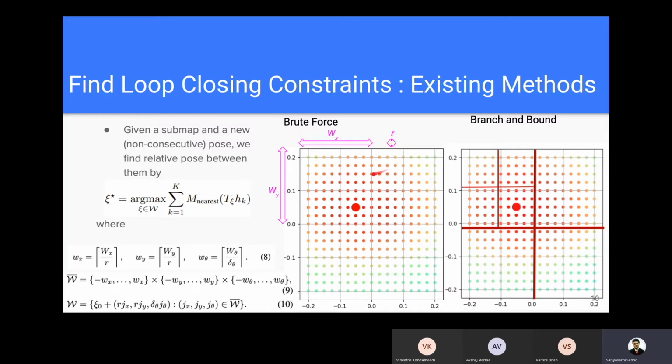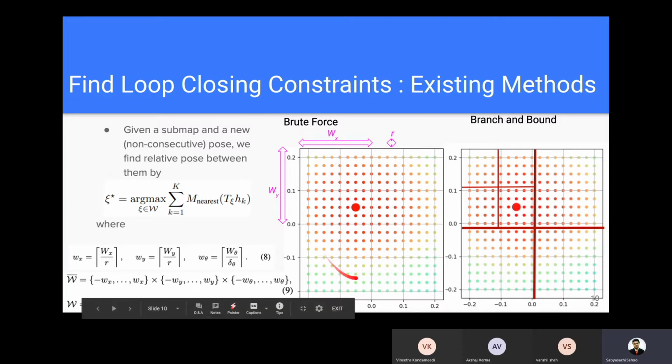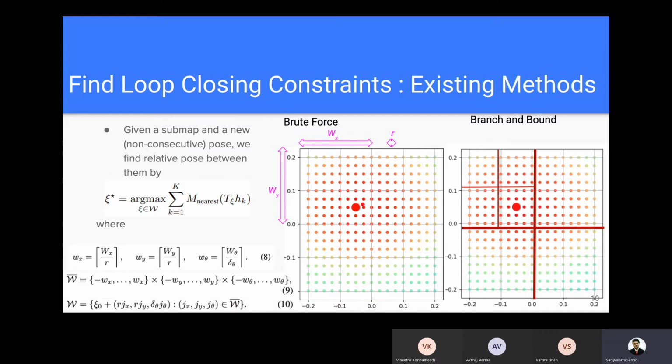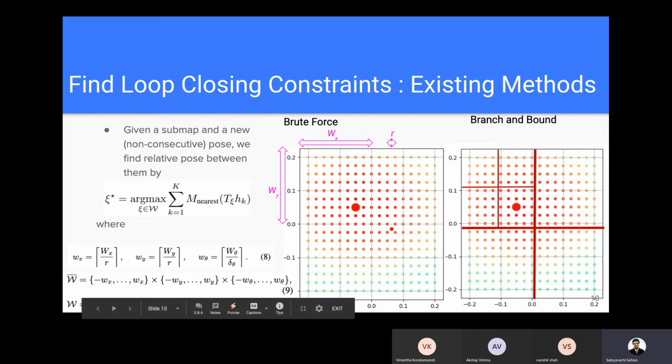If you have higher values of R, the points are more spaced out, which means you end up evaluating fewer points, but you may miss a good minima. Maybe instead of getting this point, you get this point as an optimal solution. But if you keep R very small, you end up converging closer to the real value in the brute force. So, points clear so far?